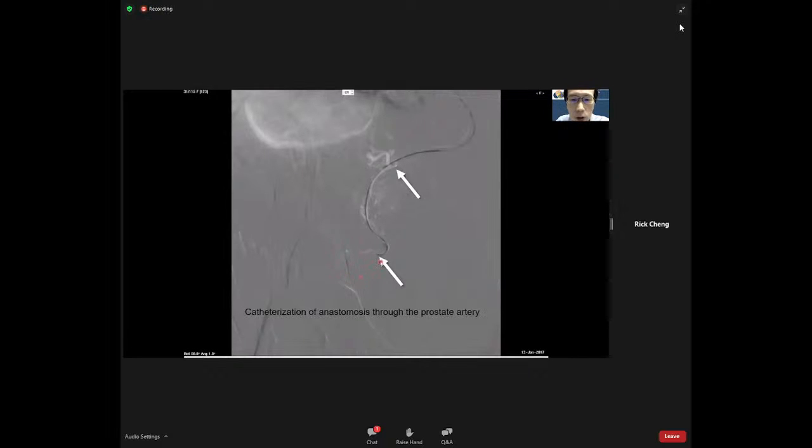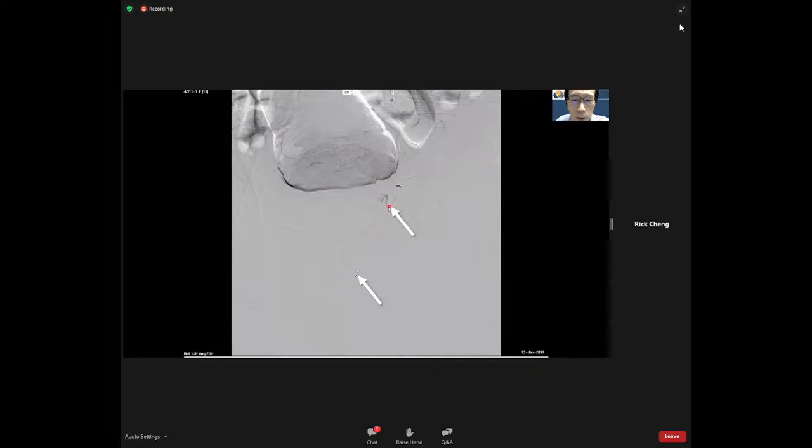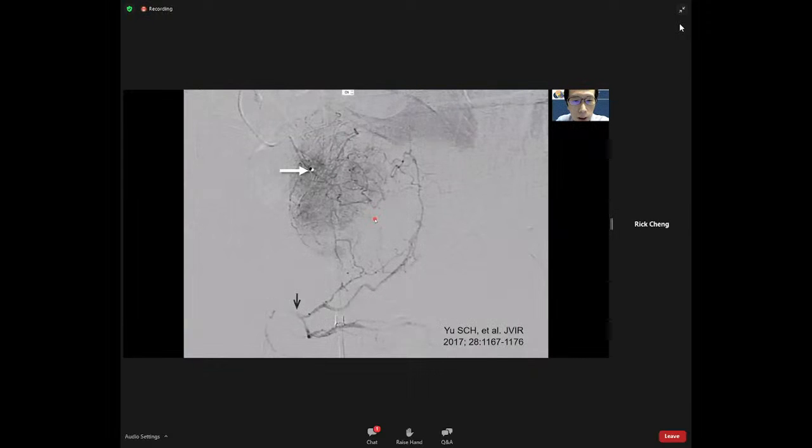We put a coil first, and then we withdraw the microcatheter to complete the embolization procedure. Coil over here, pull back, do embolization. Or we can do particle embolization.